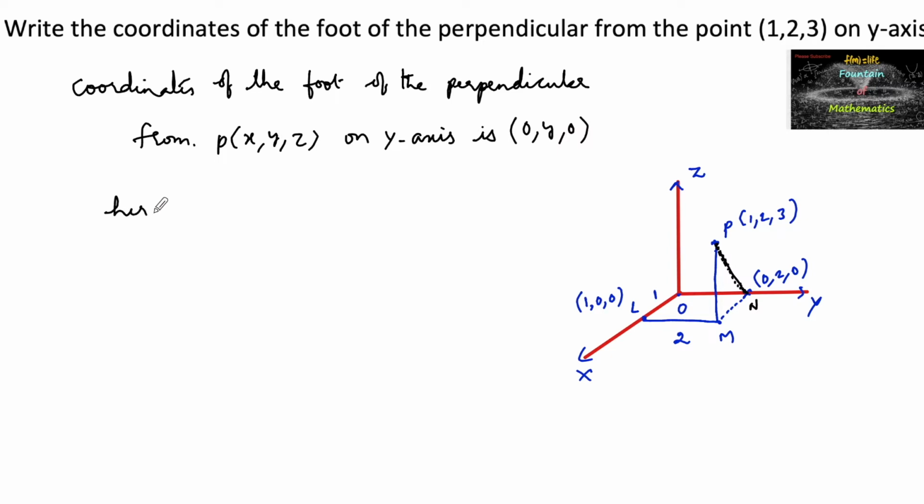So here we can say that point on y-axis is 0, 2, 0. Its y coordinate is 2 units. So you can say 0, 2, 0. Okay.